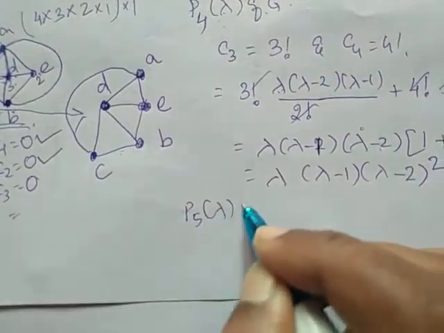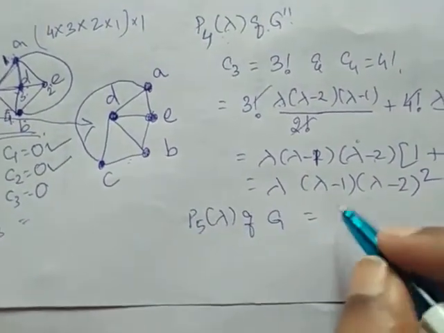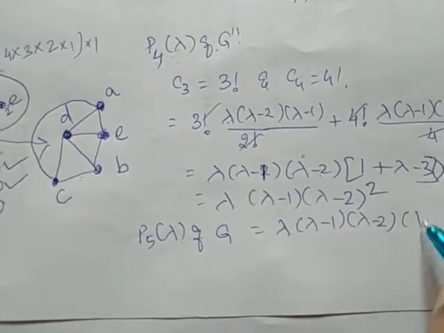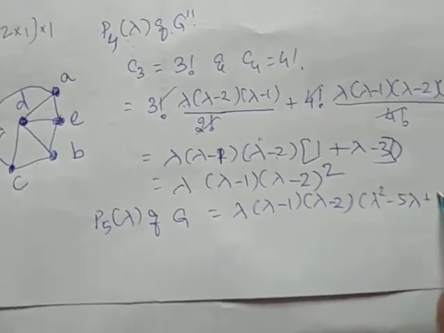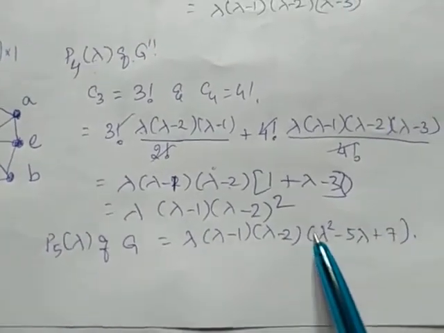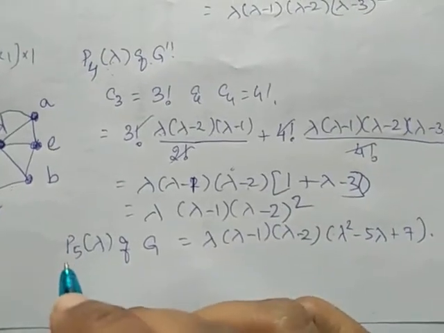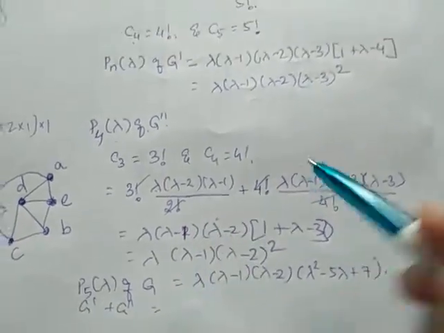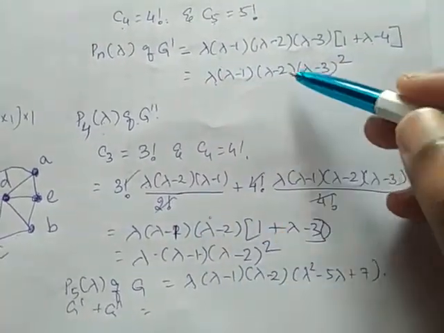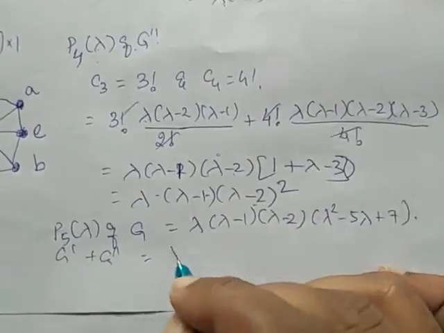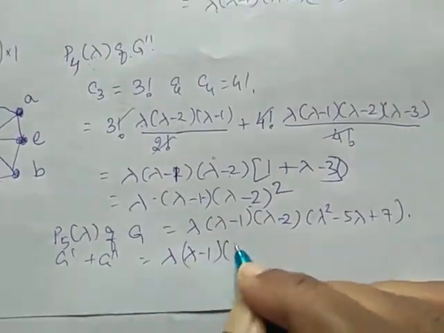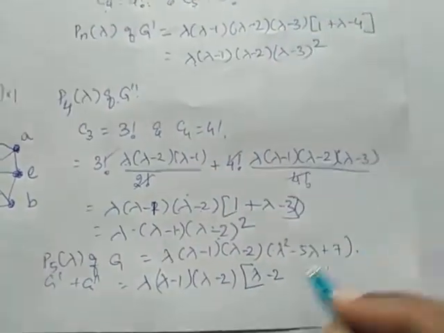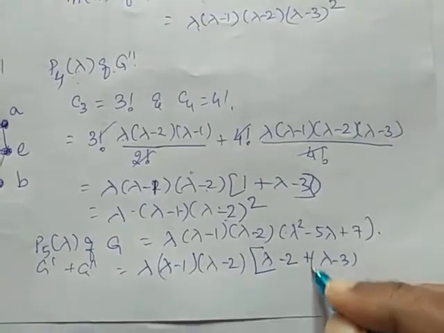P5 lambda of G is, what's the answer? Lambda, lambda minus 1, lambda minus 2, lambda square minus 5 lambda plus 7. This is our LHS. When we add RHS, when I add G dash and G double dash, see, lambda, lambda minus 1, lambda minus 2 is common. Remaining terms are lambda minus 2 here, lambda minus 3 whole square.